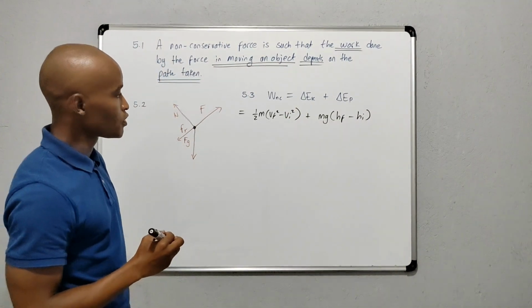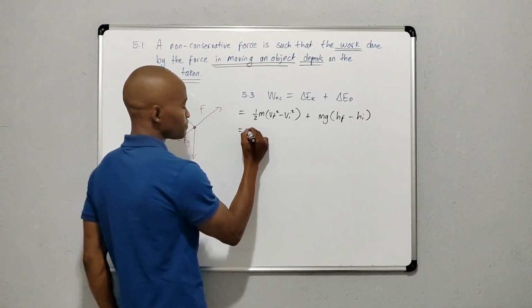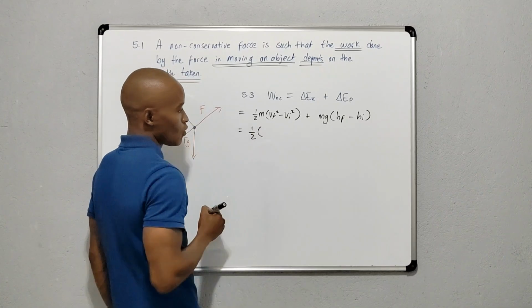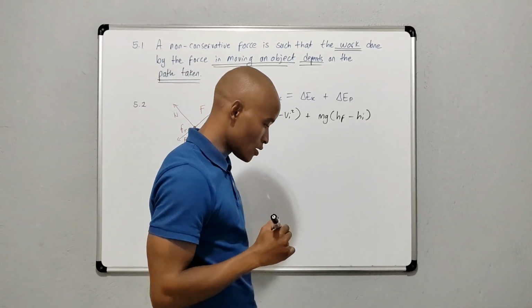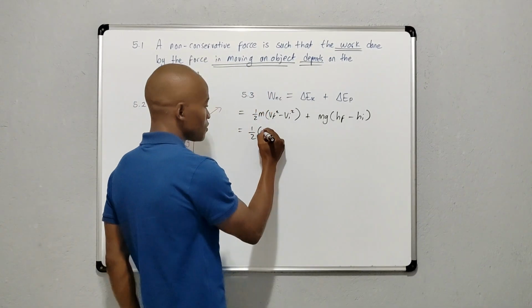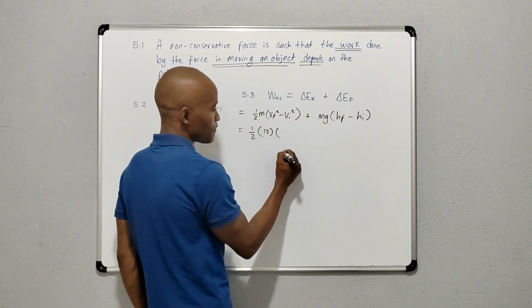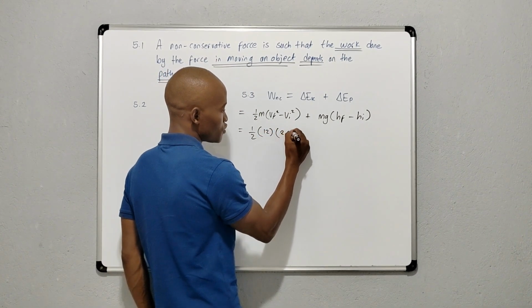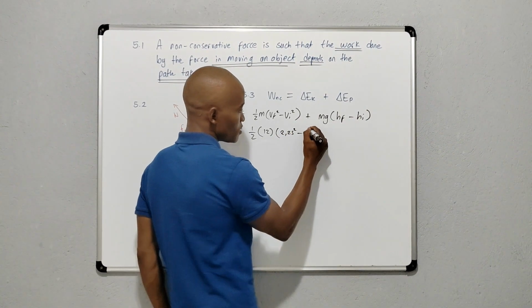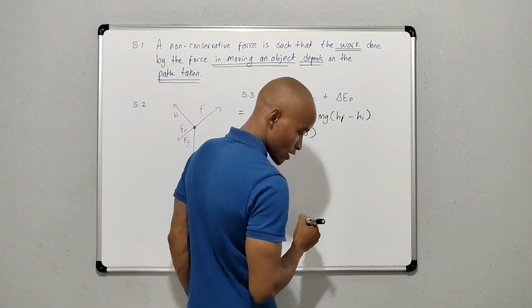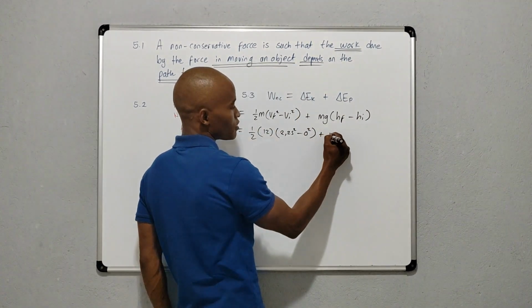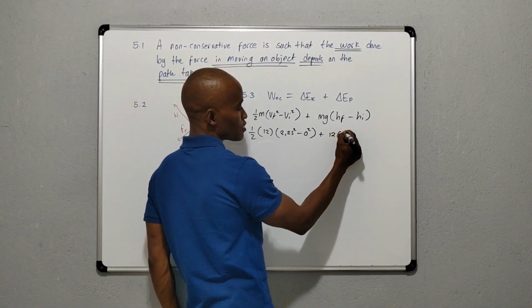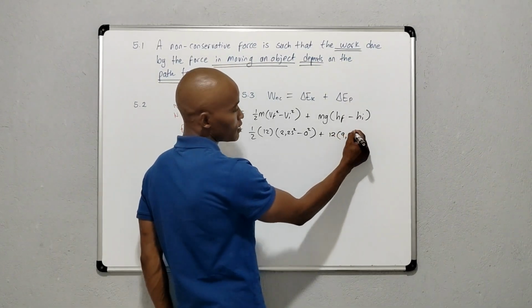Okay, good. So now we substitute: half. What is the mass of the block? It's 12. And the final velocity is 2.25 square minus 0 square. Okay, plus 12, gravitational acceleration is 9.8.